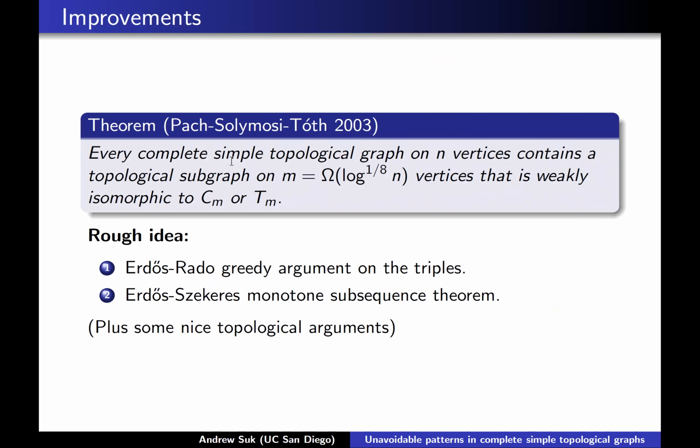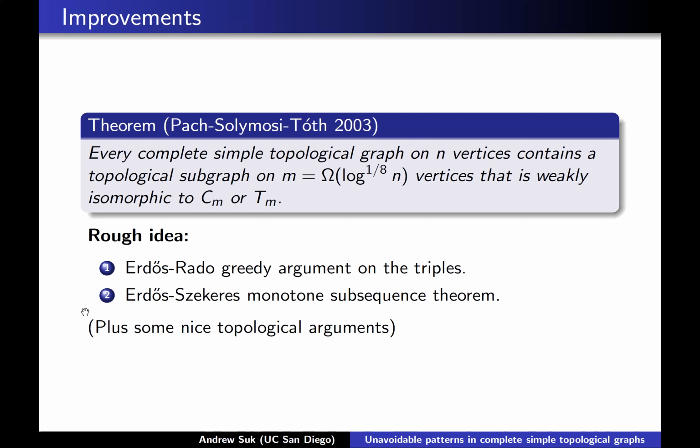And so just to give you a rough idea of what Pach, Solymosi, and Tóth do, I won't explain it, but I will just mention 2 key ingredients, which is that they apply this argument of Erdős and Rado for 3 uniform hypergraphs to reduce it to a graph.